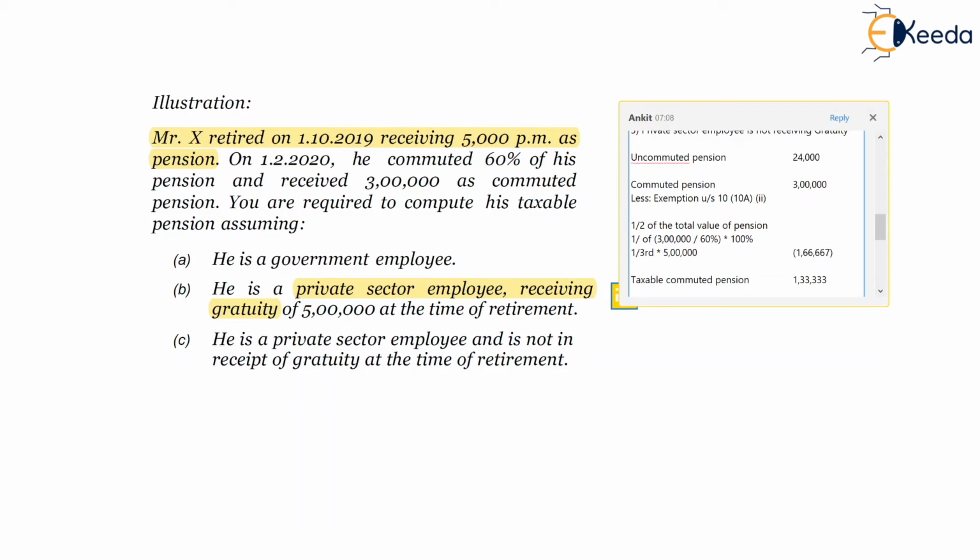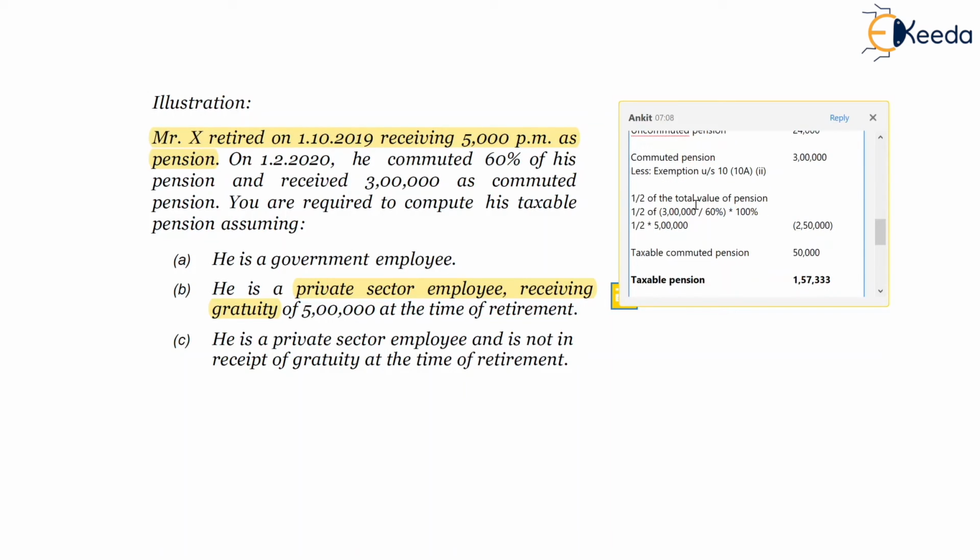Half of 3 lakh divided by 60% into 100 is half of 5 lakhs, which is 2,50,000, right? So taxable commuted pension is 50,000, and taxable pension in this case will be 50,000 plus 24,000, which is 74,000. Right, friends?